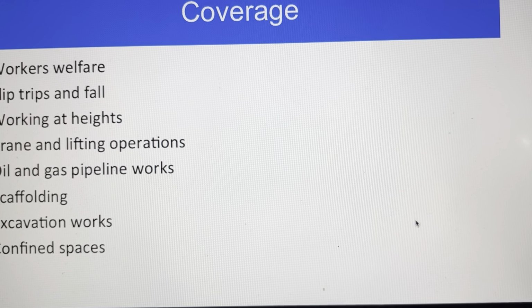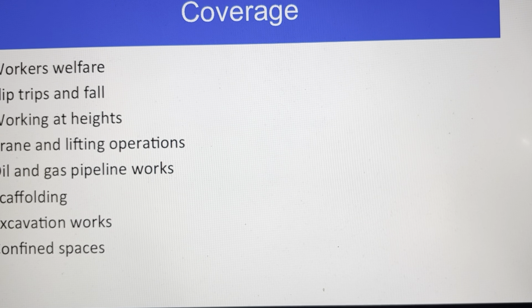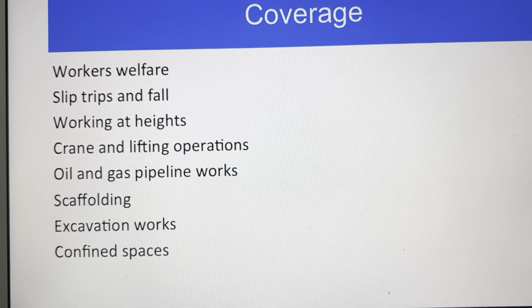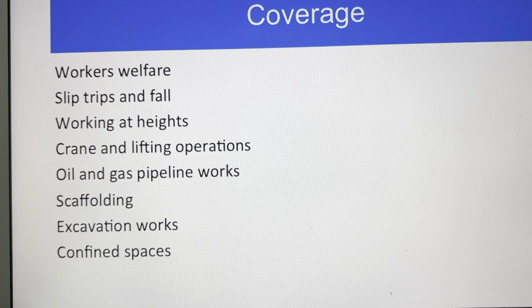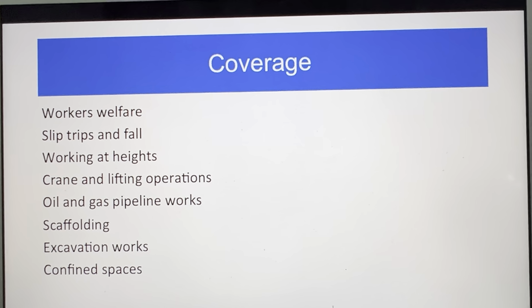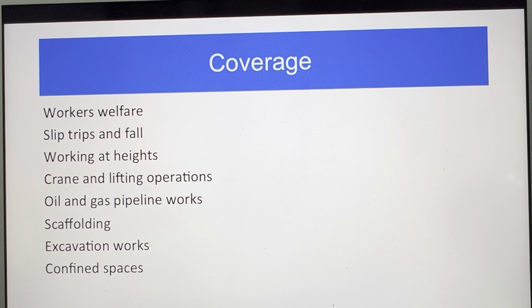Now, the coverage of this presentation: workers' welfare, slips, trips, and falls, working at heights, crane and lifting operations. Oil and gas pipeline works is also covered here for the purposes of understanding the safety arrangement, but not all of the oil and gas pipeline work.